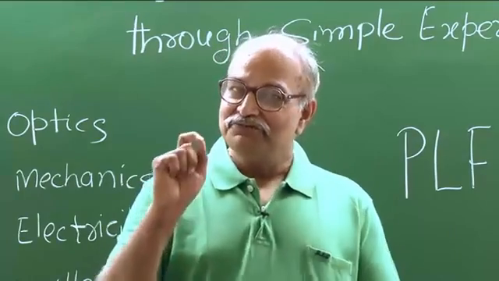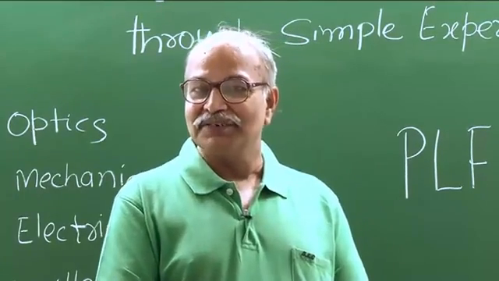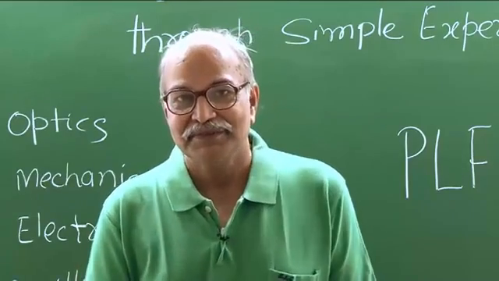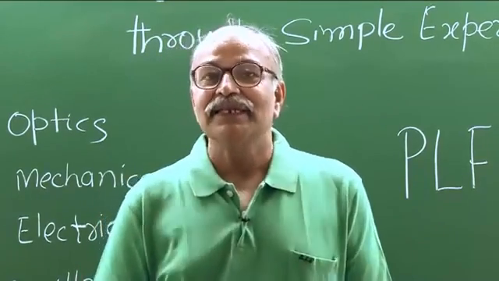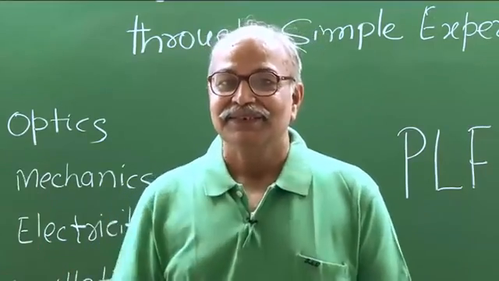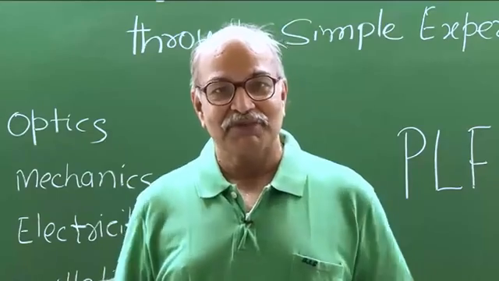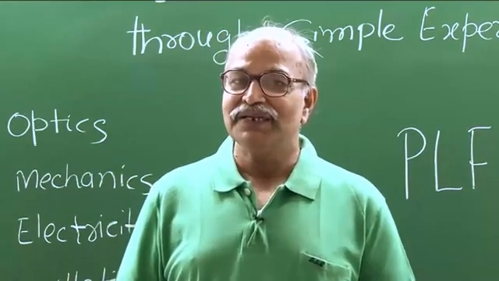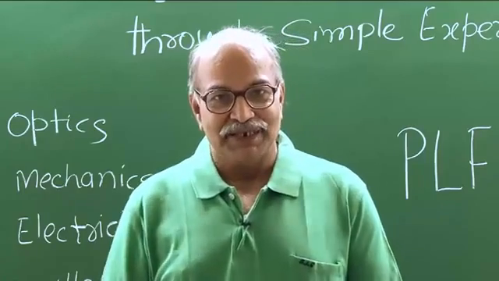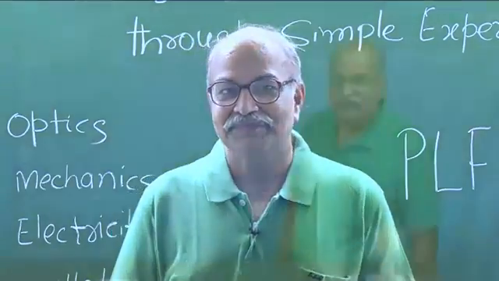Now, what is the first thing that is taught when a chapter on light starts in schools? Perhaps the first thing is that light travels in straight lines. So, we will also start from that. And how do we know that light travels in straight lines? We can do certain experiments.